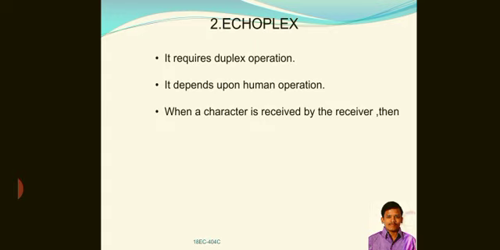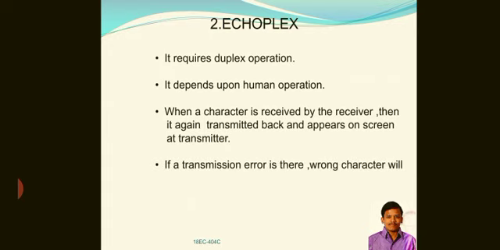When a character is received by the receiver, it is transmitted back and appears on the screen at the transmitter. Suppose an error occurs in the middle, the wrong character will be displayed on the transmitter screen. With this we are able to find out whether an error occurred or not. That method is called ecoplex.